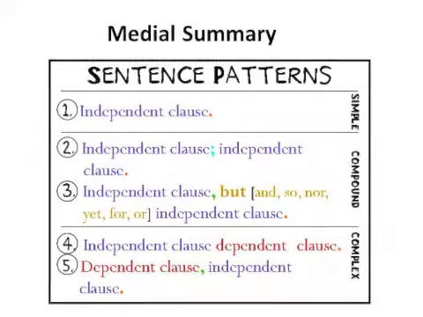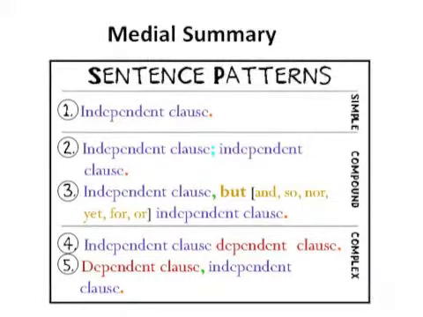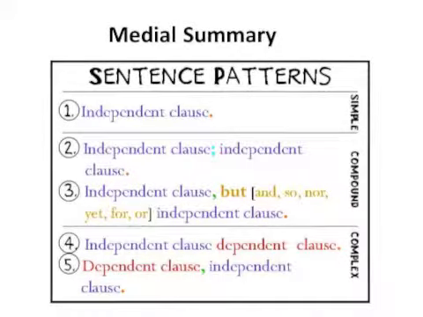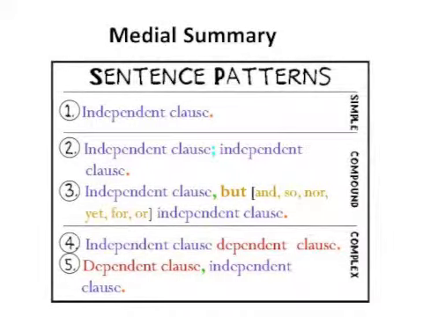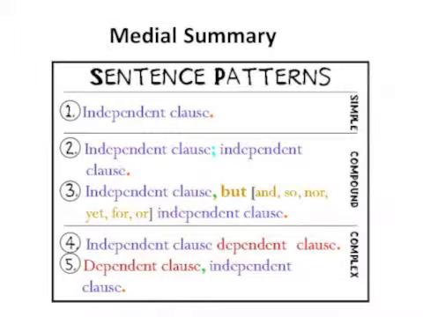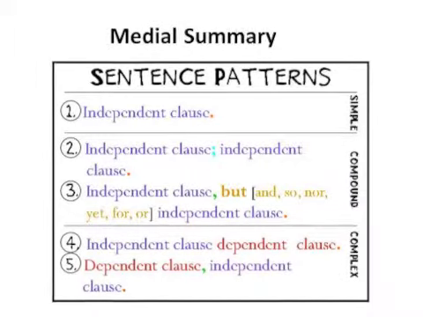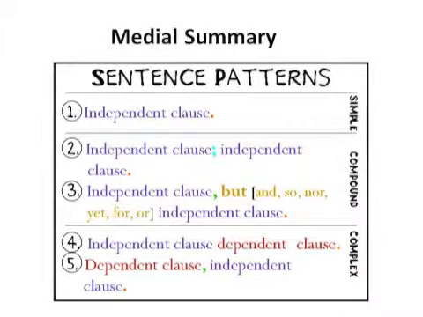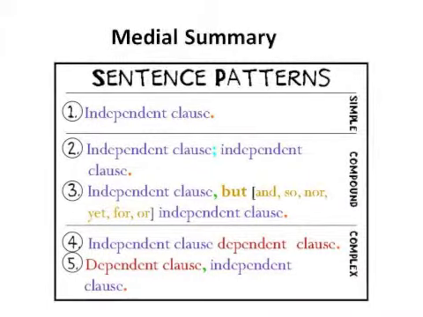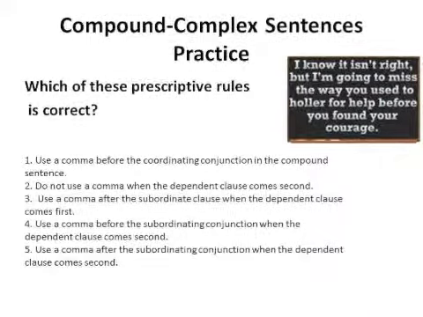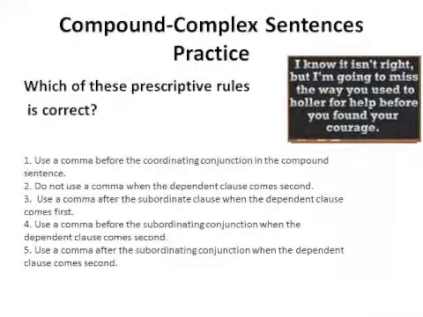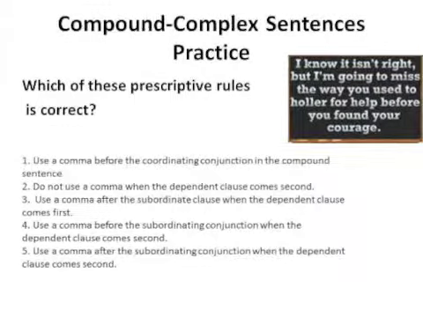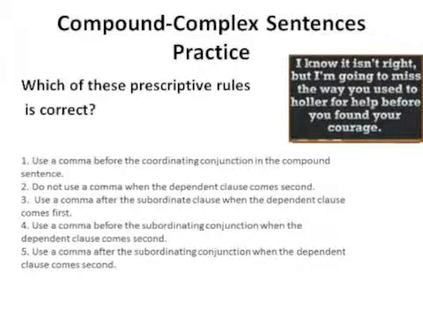When the dependent clause comes first, as you see in the 5th example, use a comma, as you see in green, and then the independent clause. When you have a compound complex sentence, just combine the rules. These are 1, 2, and 3.